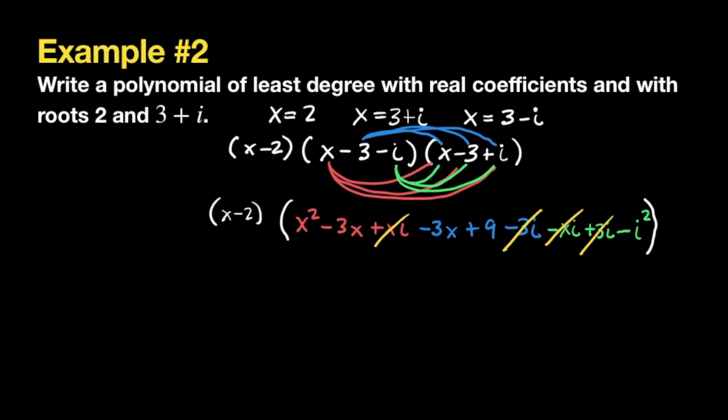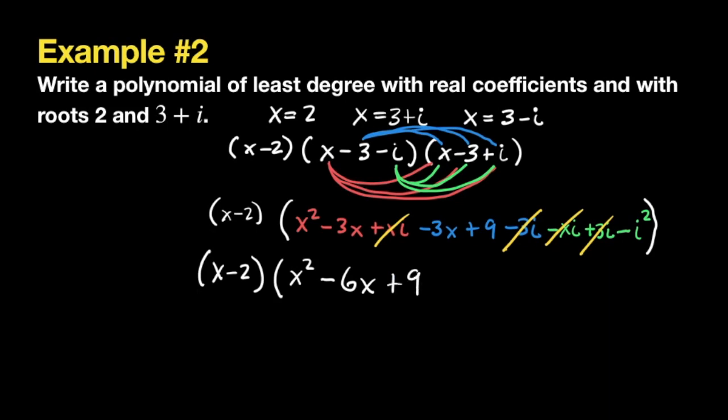So let's rewrite this when we simplify our information. So we still only have x to the second power. We have negative 3x and negative 3x. That's going to give us negative 6x. We have a 9 just by itself.